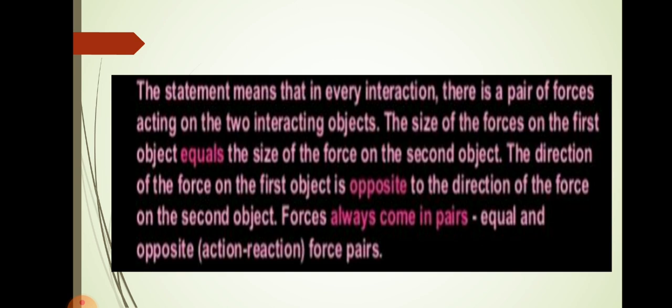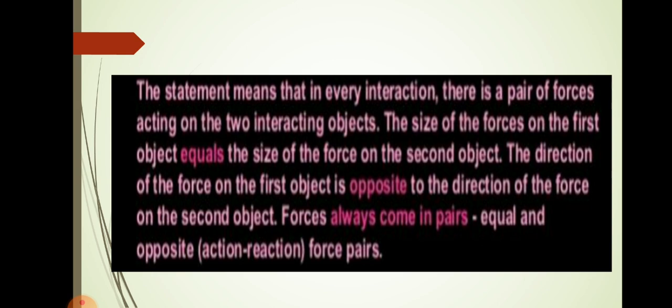But the direction of the force on the first object is opposite to the direction of the force on the second object. Forces always come in pairs, equal and opposite. That is what we call an action and reaction force pair.